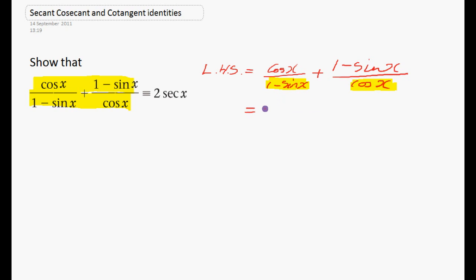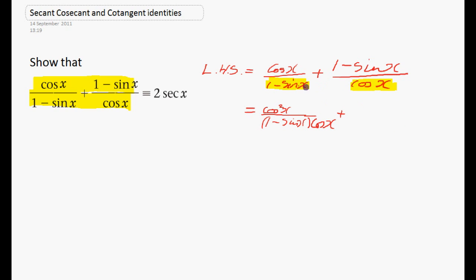So let's do that. This one we're going to times top and bottom by cos, so we just get cos squared over 1 minus sin x, plus times top and bottom of this by 1 minus sin x. Well, let's just multiply that all out, because we're going to have to combine it with this cos squared.